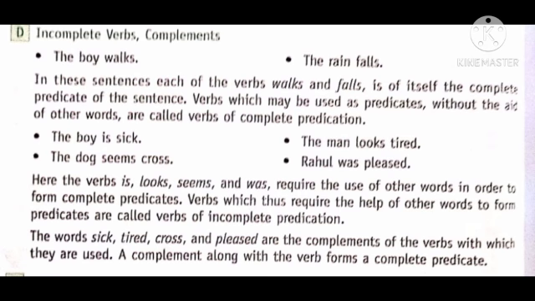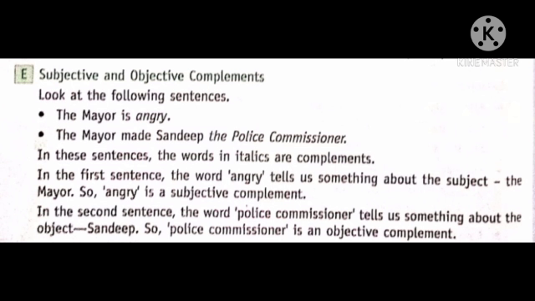So students, our next topic is subjective and objective complements. To understand subjective complements, let's take an example. The mayor is angry. In this sentence, the word angry tells us something about the subject, the mayor. So angry is a subjective complement.